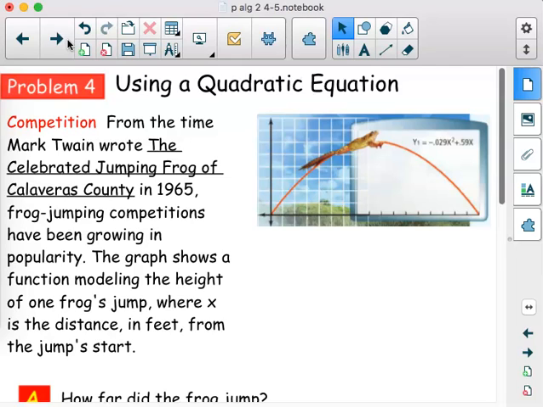The graph shows a function modeling the height of one frog's jump, where x is the distance in feet from the jump start. So here's the frog. And this problem, every year I get to it, just totally freaks me out. This frog makes this jump, and the equation is y equals negative 0.029x squared plus 0.59x.